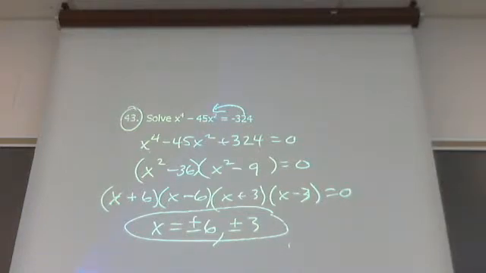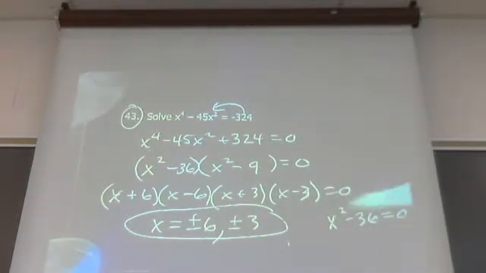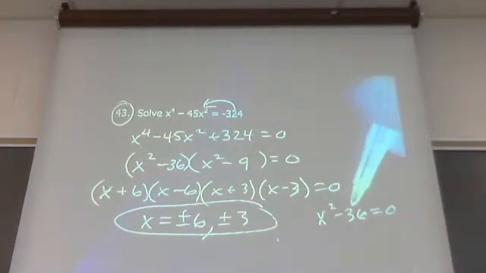Now truthfully, could you have taken x squared minus 36 and set it equal to 0 and solved it without the quadratic formula? I don't need the quadratic formula for this. Why do I not need the quadratic formula? What's missing, which would require me to use the quadratic formula?